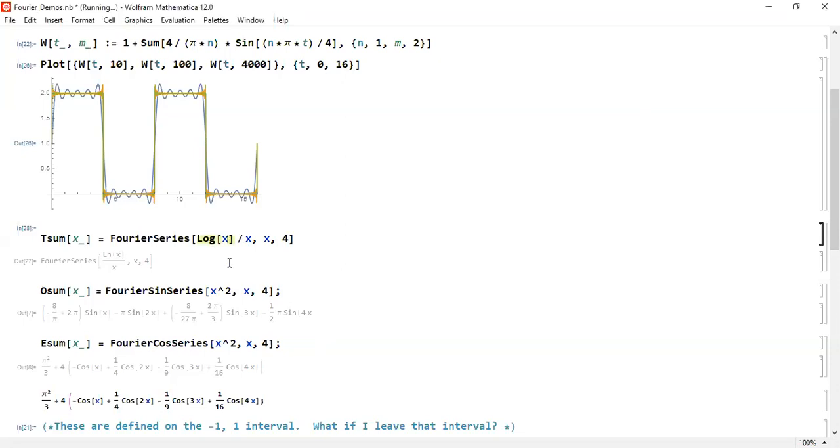So let's do one thing that might make life easier. Let's move this 1 unit away from the origin. Actually, let's do 4, because I don't know if the standard interval for this is minus pi to pi or minus 1 to 1.